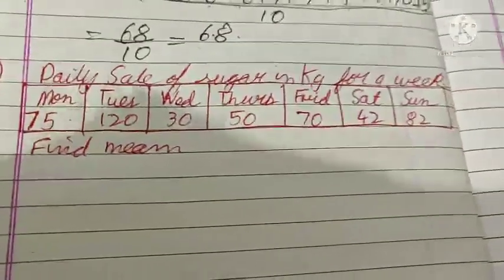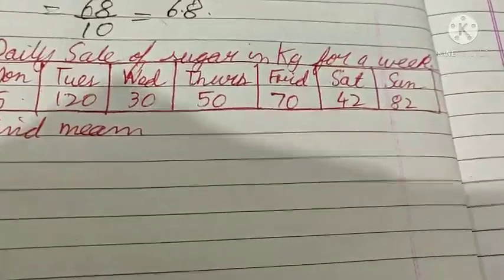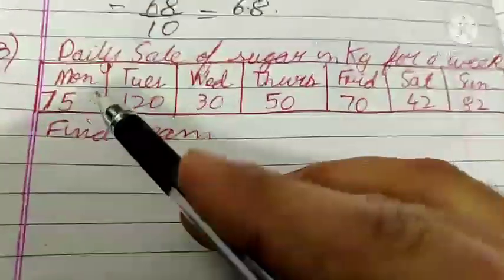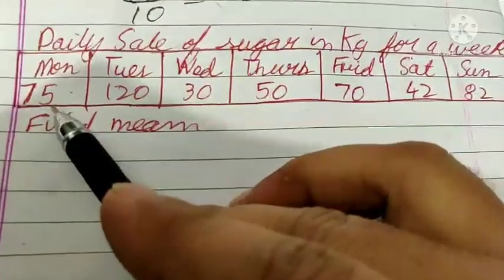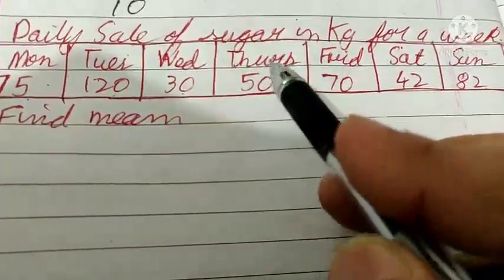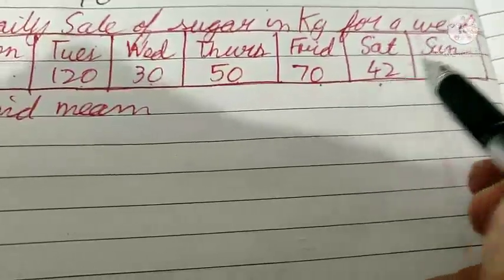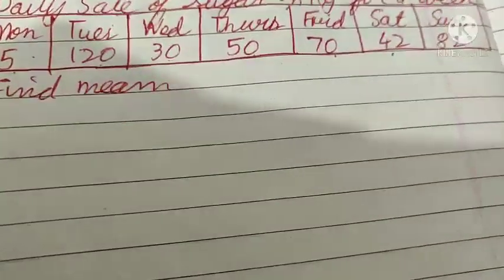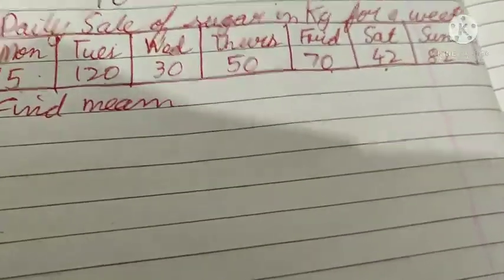So this is our next question here. The sale of sugar in a week is given. That is, on Monday 75 kg sugar was sold. On Tuesday 120 kg. Wednesday 30, Thursday 50, Friday 70, Saturday 42 and Sunday 82 kgs of sugar was sold. You have to find the mean of sale.